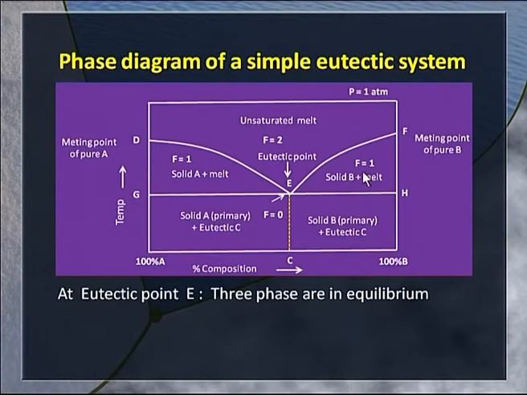Yes, there is one characteristic point here where the two curves meet, which we call the eutectic point. Why do we call it the eutectic point? We will see at a later stage. This is the place where we have solid A, solid B and the melt in equilibrium.